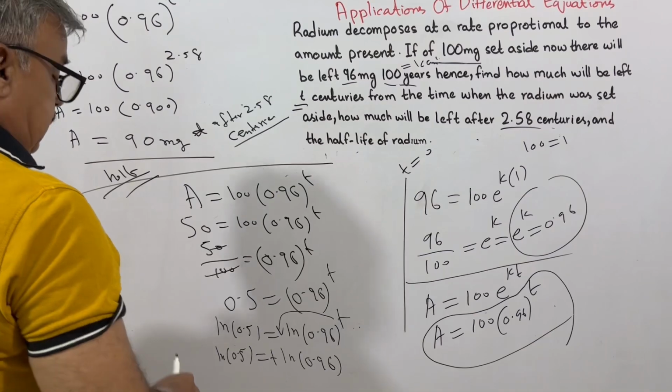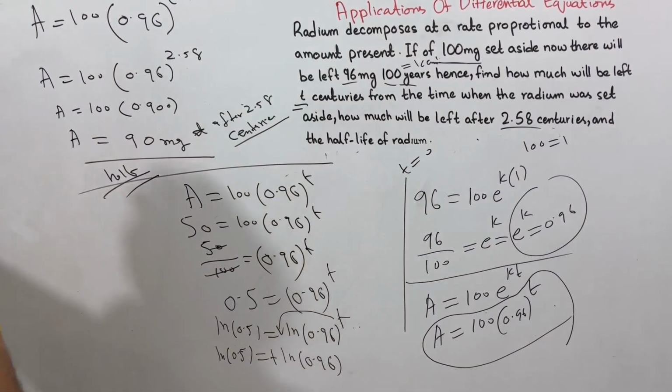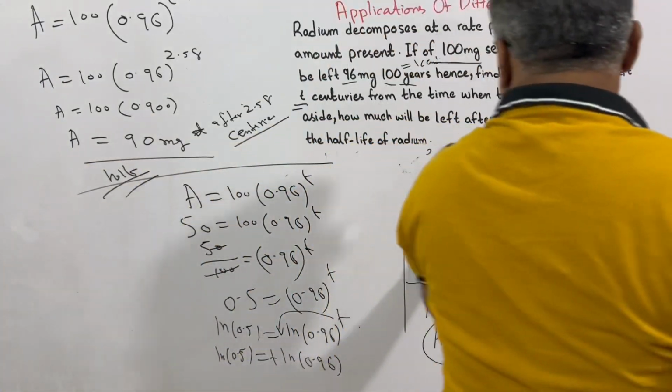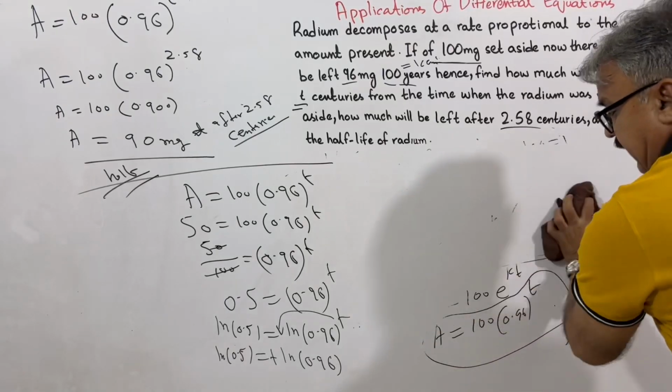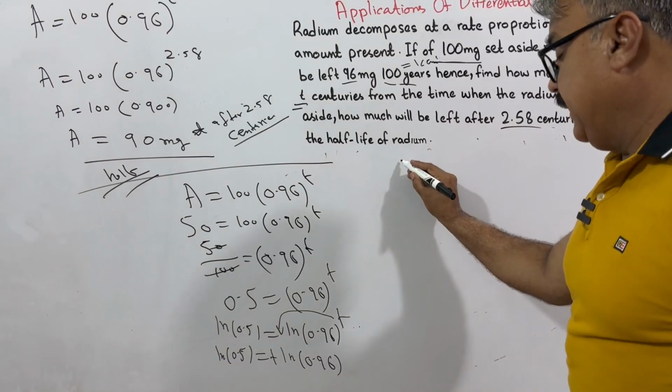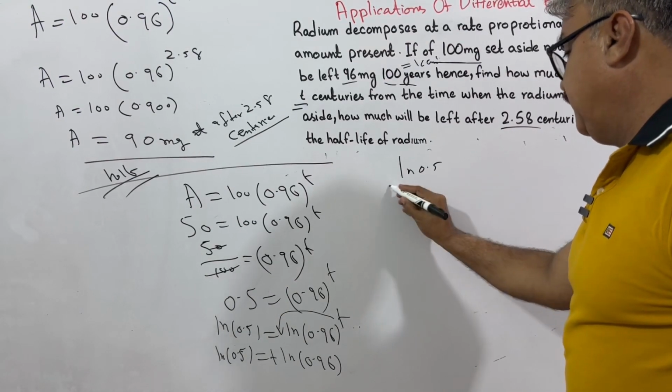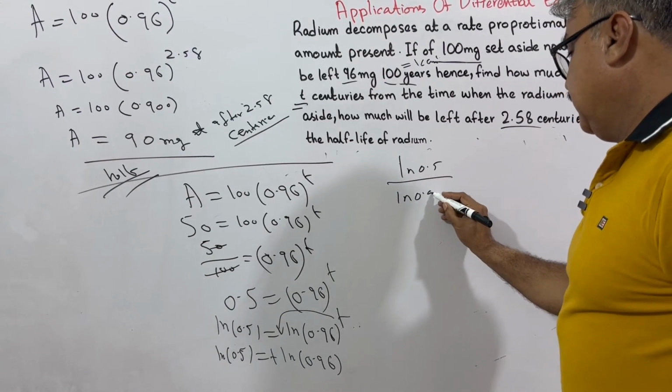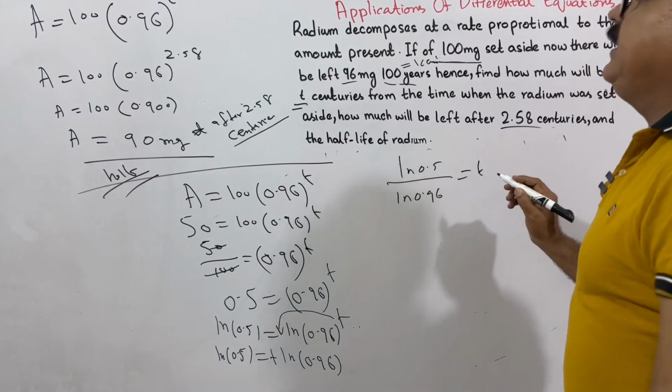Solving for t, I have ln 0.5 over ln 0.96 is equal to t.